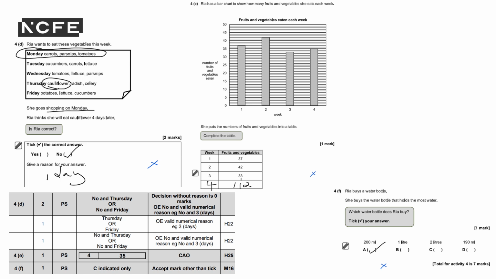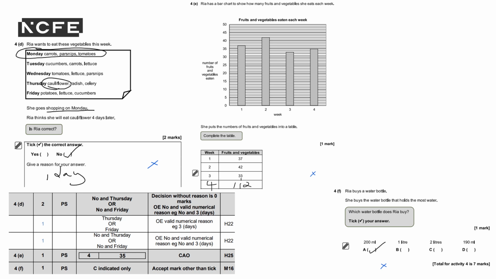So either Thursday or Friday, or it could be no and 3 days. So it says Ria wants to eat these vegetables this week. She goes shopping on Monday. Ria thinks she'll eat cauliflower 4 days later. Is Ria correct? Not quite sure why they've decided 1 day, or perhaps it's because it's 1 day that Ria's eaten cauliflower. Not quite sure. Perhaps this learner hasn't read the question correctly. So that's something to explore in feedback with the learner.